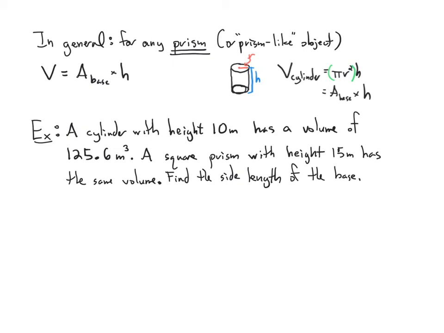What is the side length of that square? So I think you should try this before you see me do it. My suggestion is sketch the cylinder and the square prism to kind of get a feel for what the problem is asking, and then see if you can solve this problem here. So pause the video now and try it yourself.